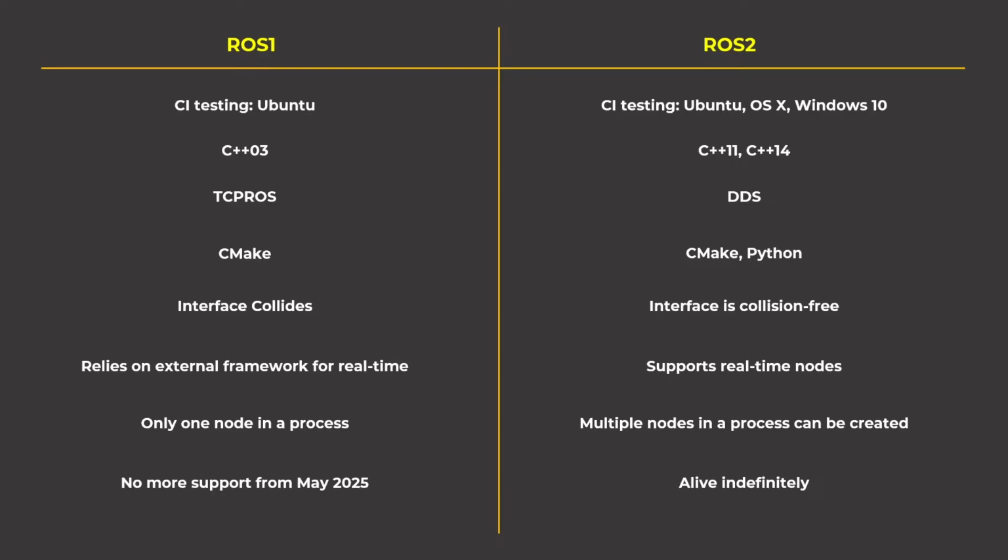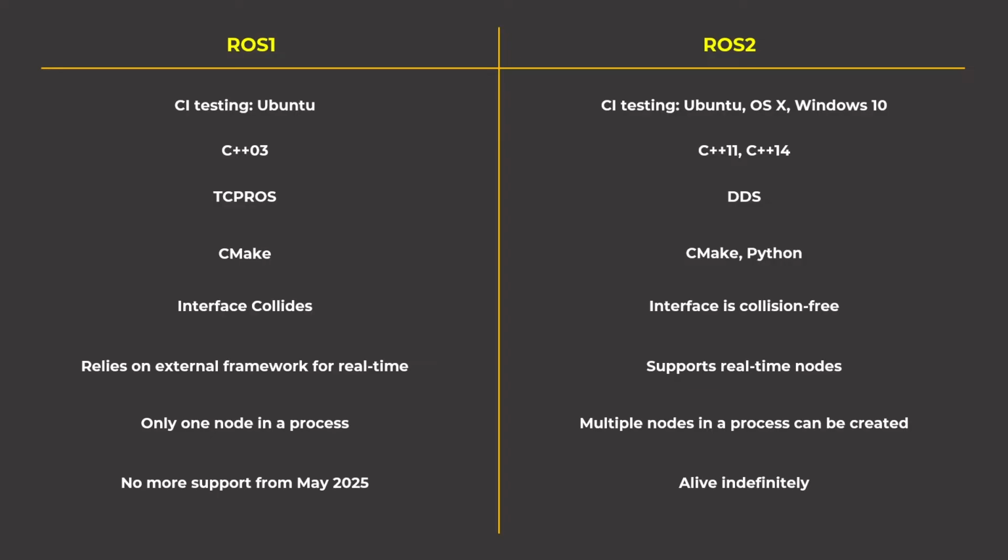ROS2 uses C++11 extensively and uses some parts from C++14. ROS2 improved communication over different networks using Data Distribution Service, while ROS1 uses Transmission Control Protocol ROS, TCP/ROS.